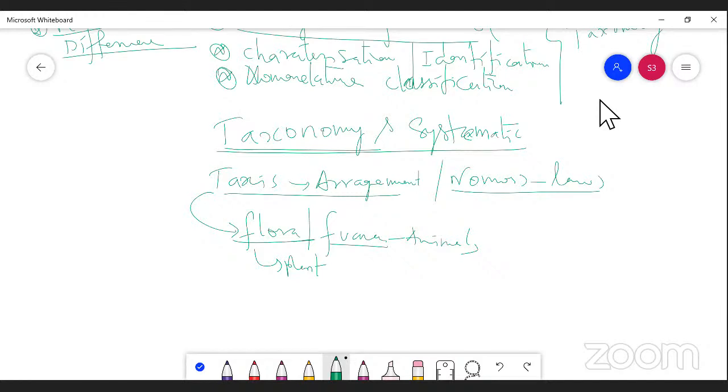See, the word taxonomy was first used by Augustin Pyramus de Candolle in 1830.